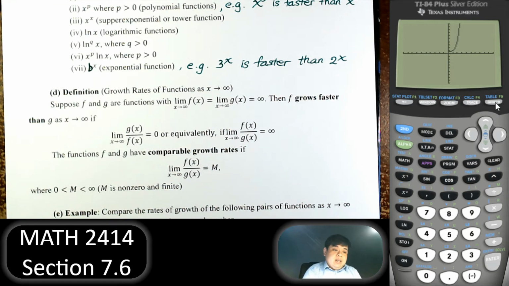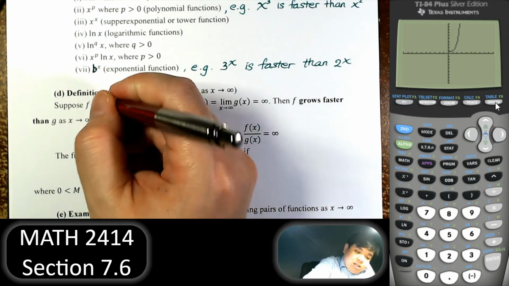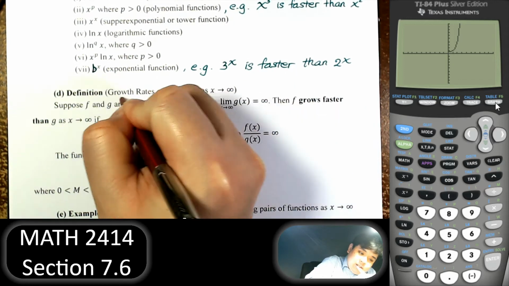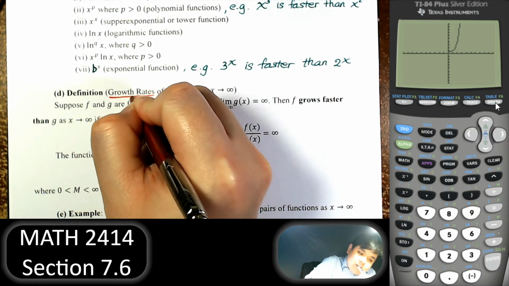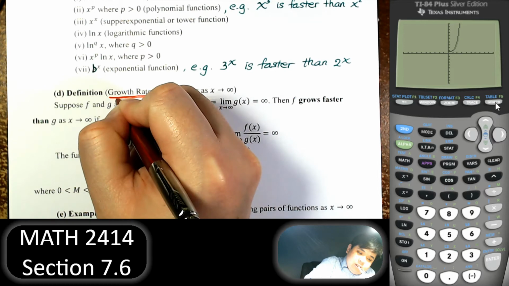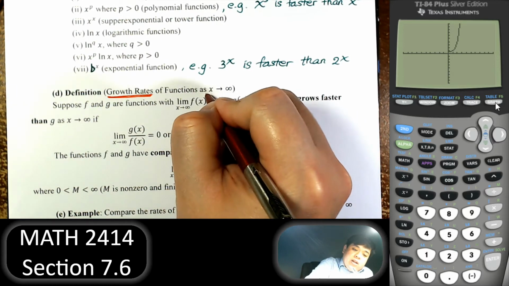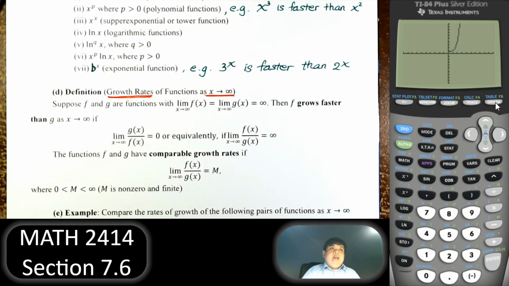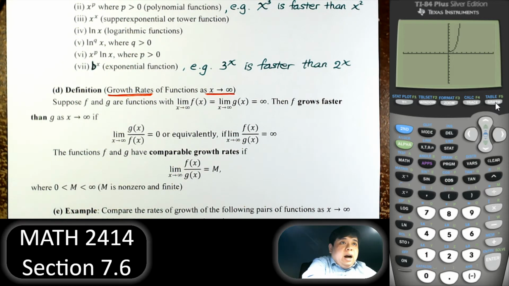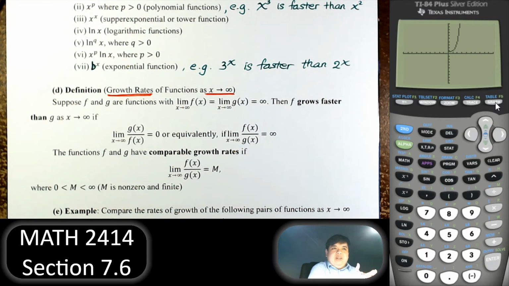Now the growth rate. When we talk about growth rates, we mean when x goes to infinity. Of course, it's not going to be x going to negative infinity. When we say growing, x is increasing.